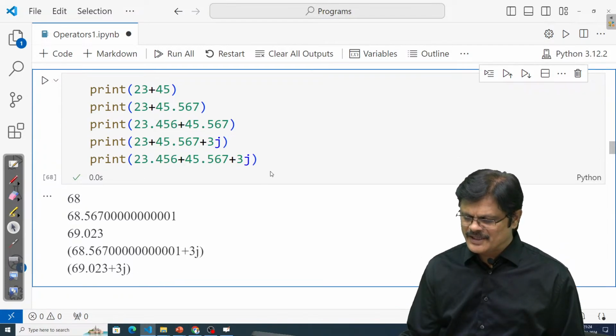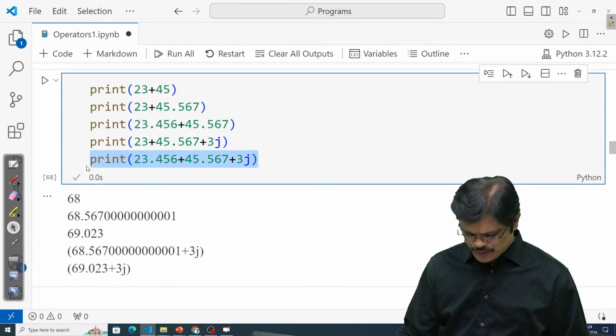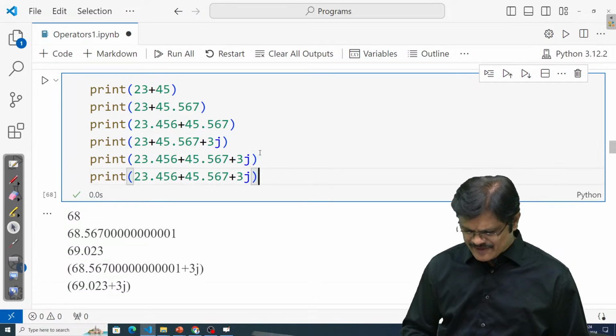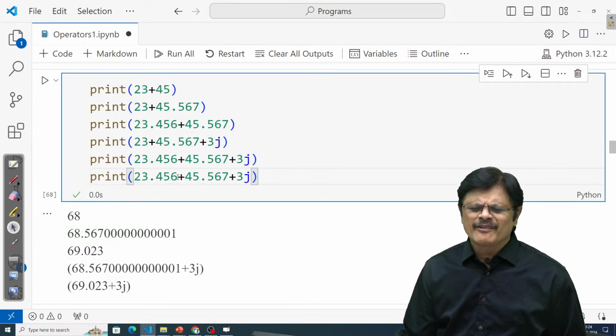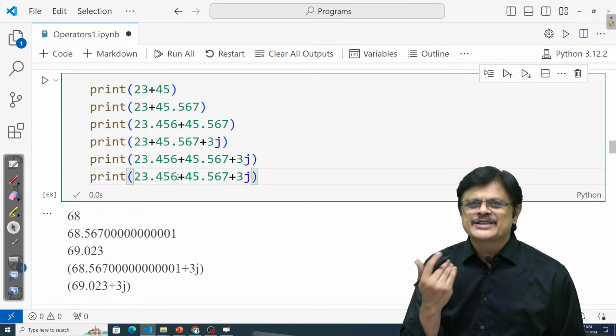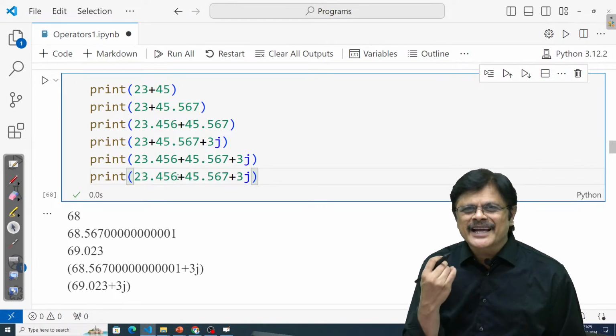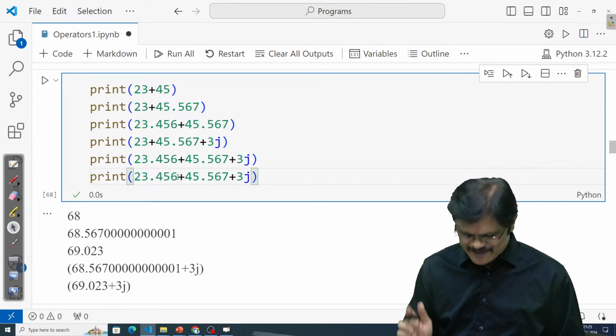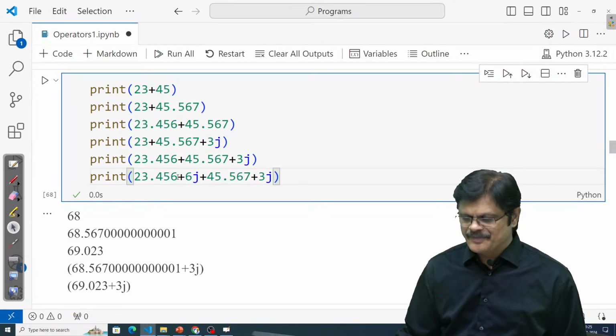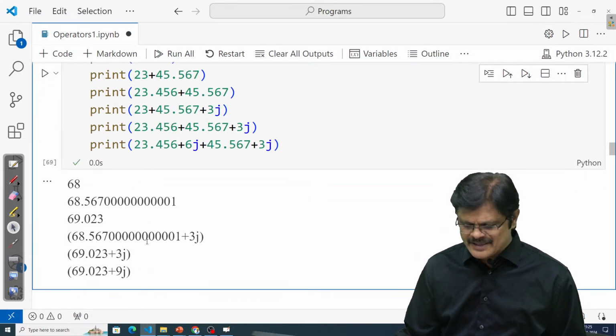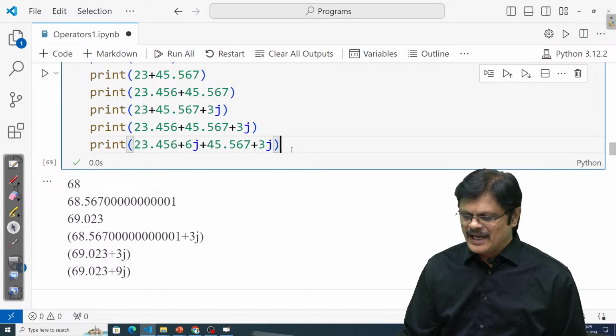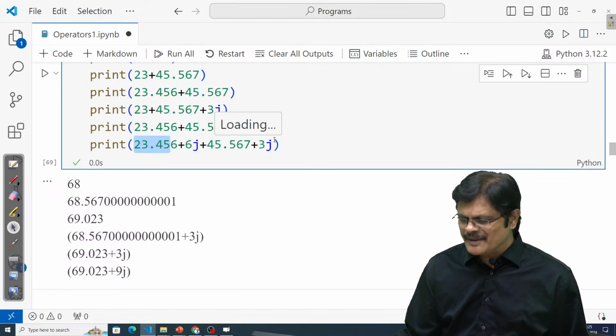Suppose I am having two complex fellows, obviously the result is a complex number. See, we are not very much interested in complex, sir, but please note that there is a complex type also available in the Python language. Am I clear? Please note that. So if you add two complex fellows, the result is a complex number. That is, the real part is added to the real part, and the imaginary part is added to the imaginary part.